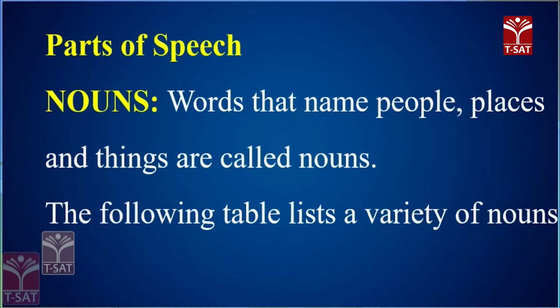If you would like to have an elaborative definition, words that name people, places, and things are called nouns. If you come across any word in the sentence related to people, places, and things, they are supposed to be identified as nouns.